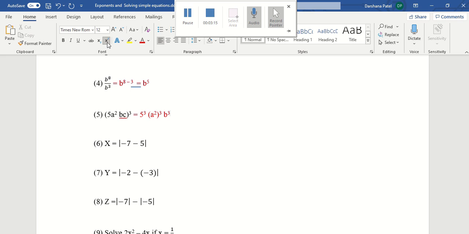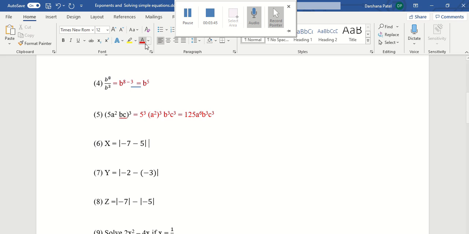So we get here 5 to the power of 3. Either we know it's 125, if not we can do 5 times 5, which is 25, times 5 again, which will be 125. For a squared cubed, 1 base, 2 exponents, we multiply those exponents, so 2 times 3 will give us 6. b to the 3, c to the 3 will remain the same. So our answer will be 125 a to the 6 times b squared times c cubed.